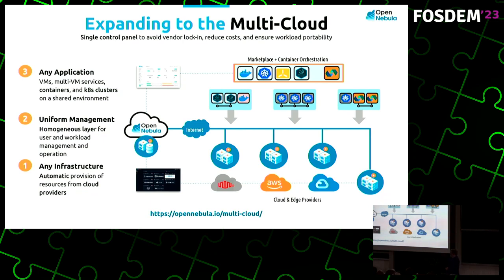So with the OneProvision tool, we can build what we call edge clusters. An edge cluster for OpenNebula is an abstraction where you have computing, storage, and networking.